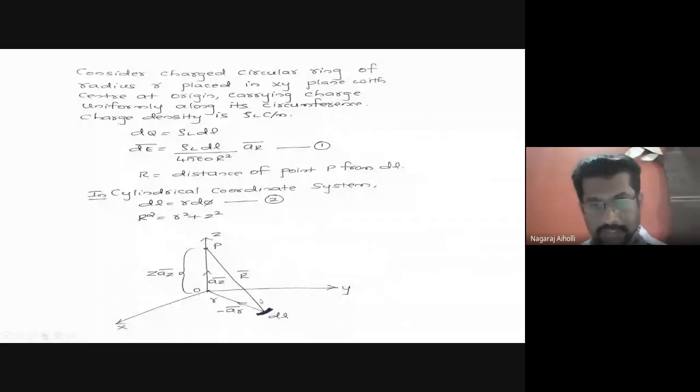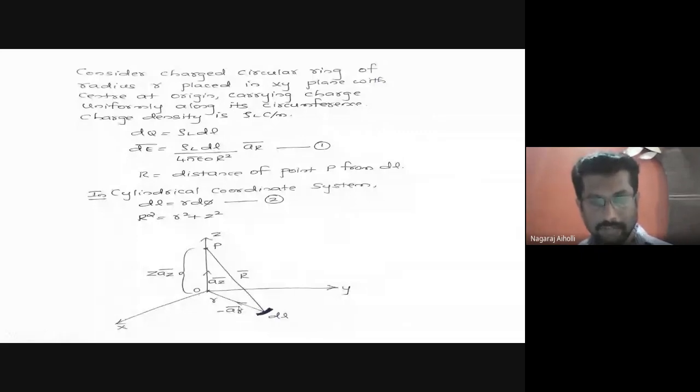Here the electric field intensity is acting from this elemental length dl towards the point P, opposite to our normal XYZ direction.